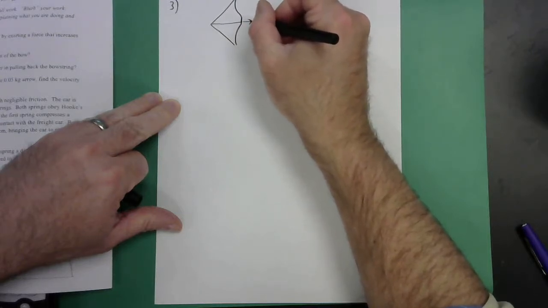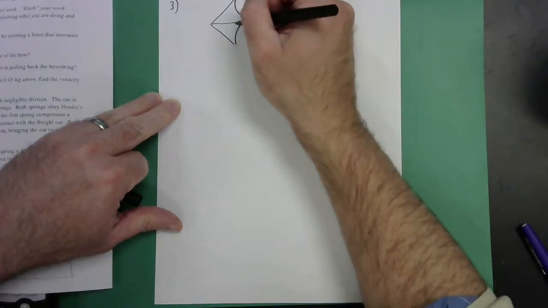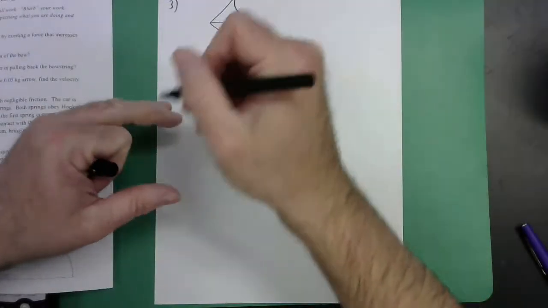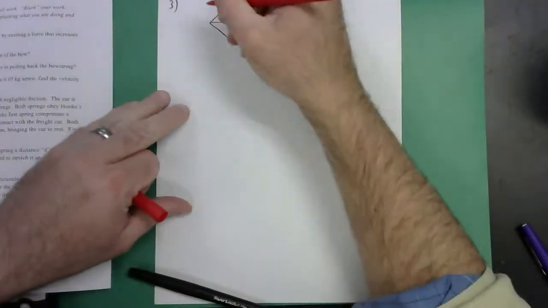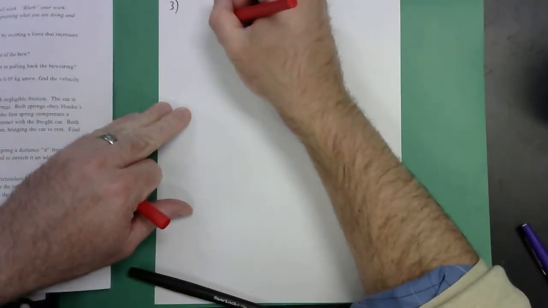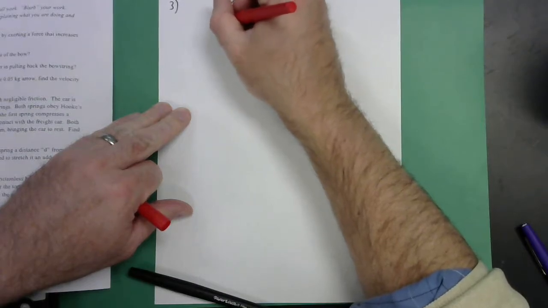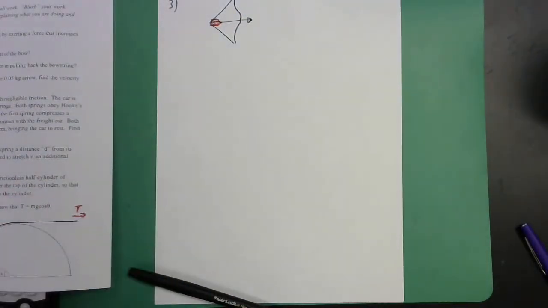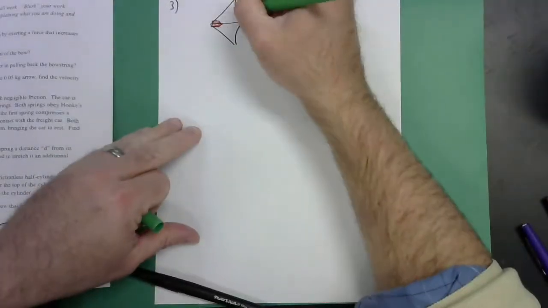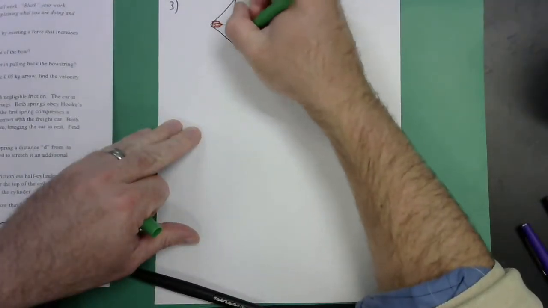Nice arrowhead, Dave. Let's give that arrow some fletchings. Right, there we go. So that bowstring starts off like this.